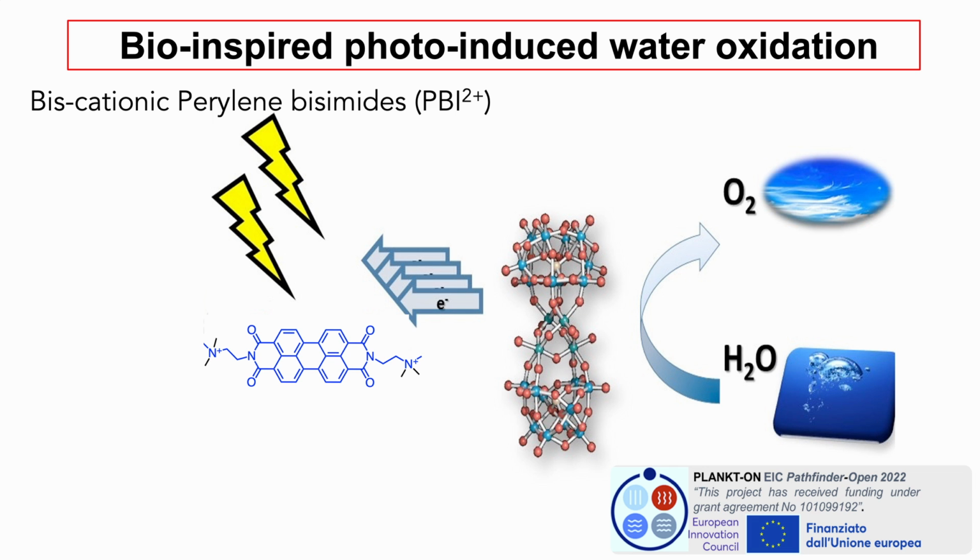The polyoxometallate is polyanionic, so if we manage to have a core-shell geometry, and we manage to generate the photooxidant from the perylene bisimide, we will have the 4 electron mechanism and 4 protons that we need, and at the very end, we will evolve oxygen.